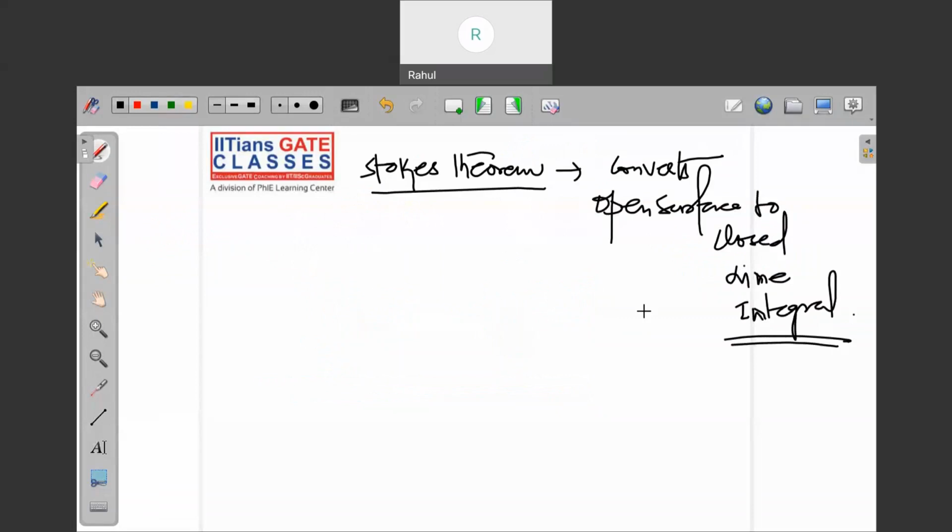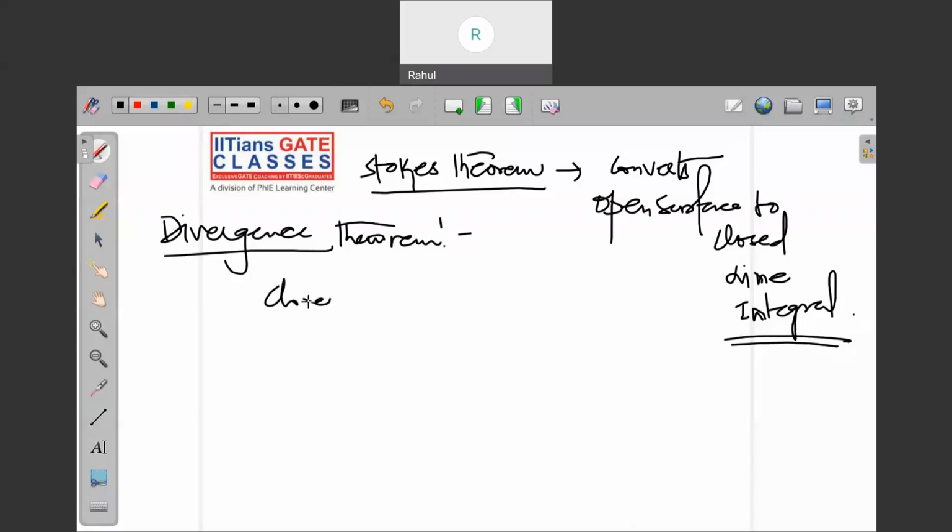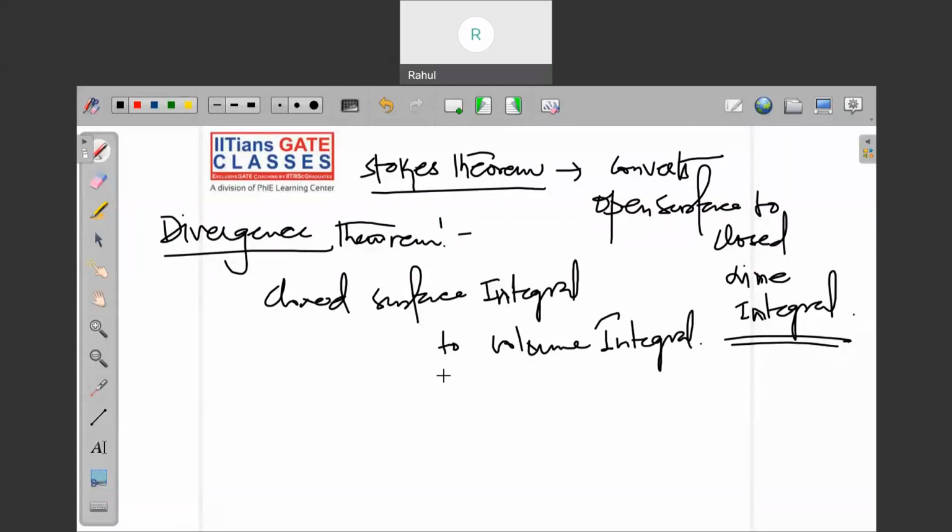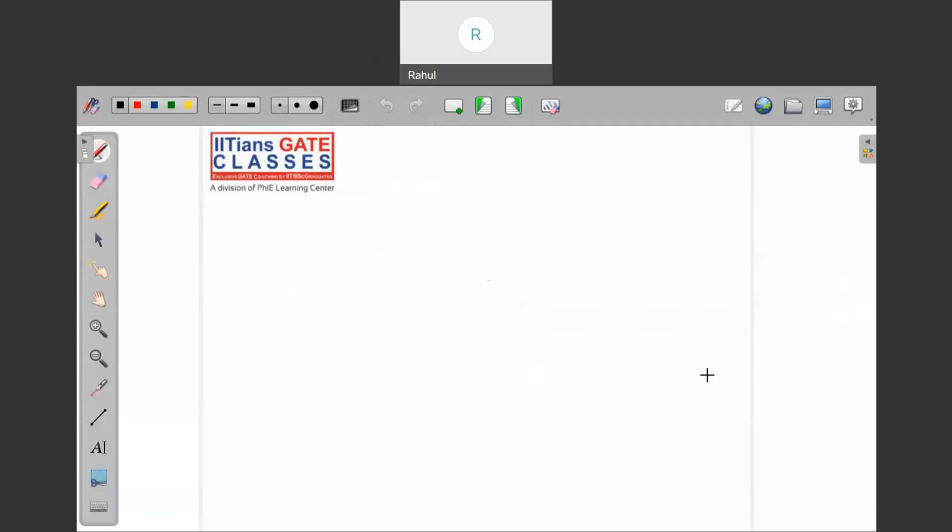The closed surface integral to the volume integral. I hope this is clear for everyone, the Stokes theorem and the divergence theorem.